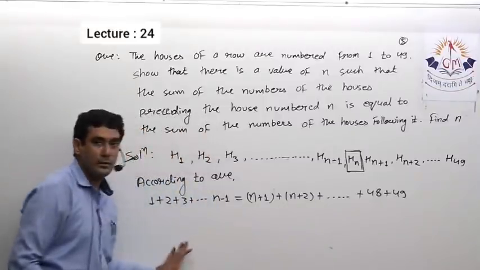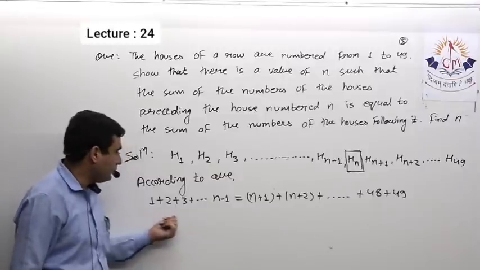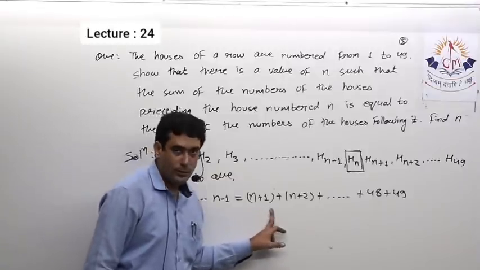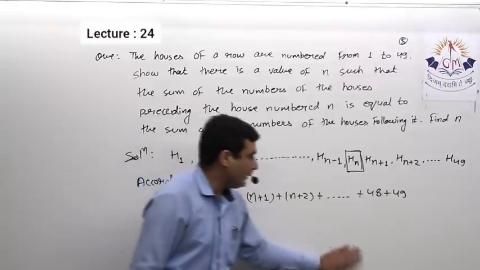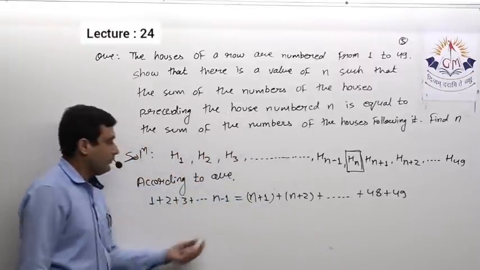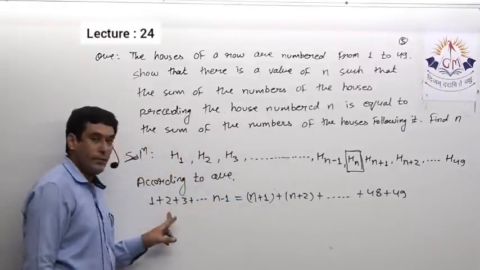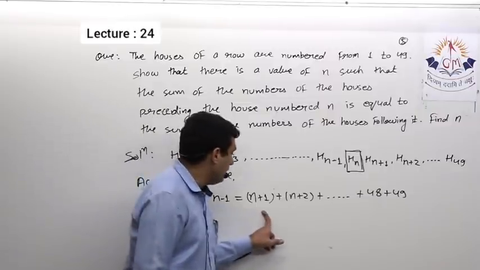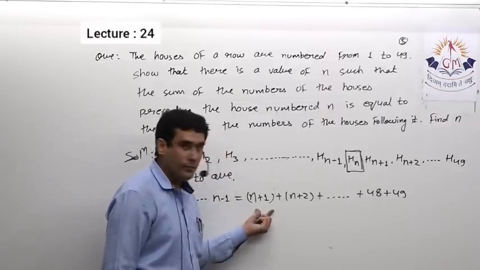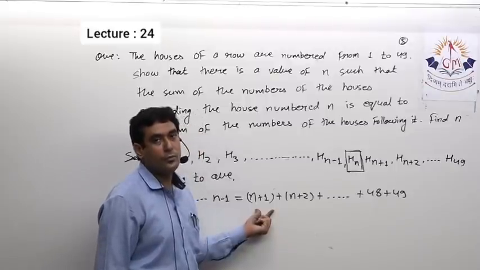Now if you solve this, definitely this is an AP, because here 1, 2, 3, 4, there is a common difference of 1, so this is again an AP. But here we have the first term, here we have the last term, here we have the common difference. Over here definitely the first term is n plus 1, but what is n, that we don't know.